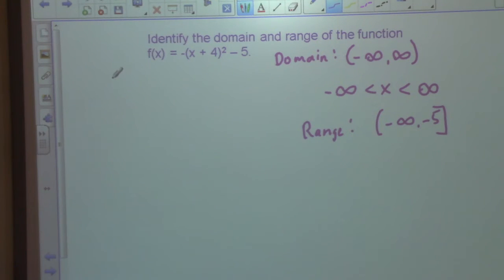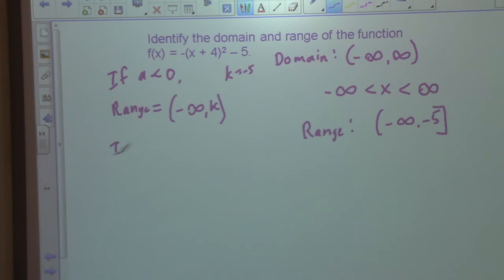Okay, as a rule of thumb, if a, in this case, is less than 0, range is equal to negative infinity all the way up to k. Okay? So in this case, k is equal to -5. So that's going to be our range.